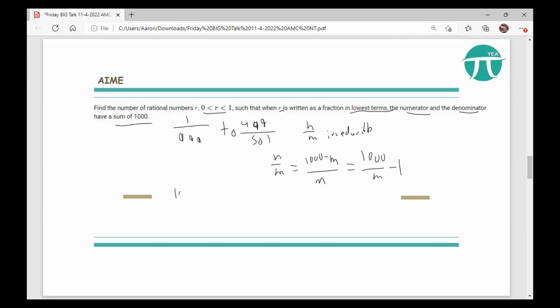So that means we want 1000 over m to be irreducible. So basically, as long as 2 or 5 does not divide m, we should be good. And so I want to find the number that are not divisible by 2 or 5.